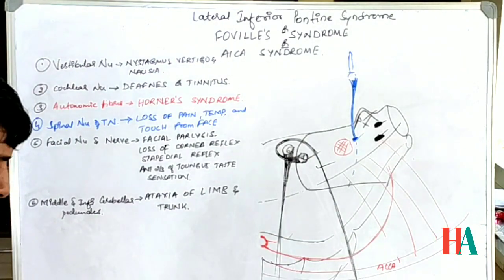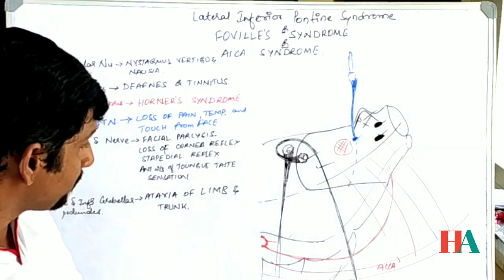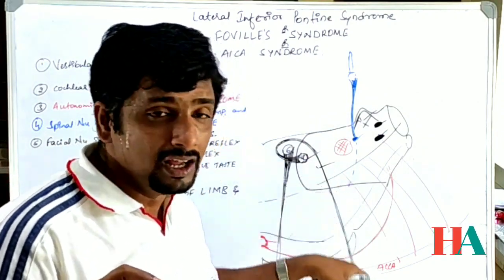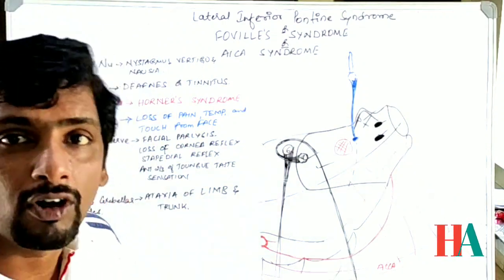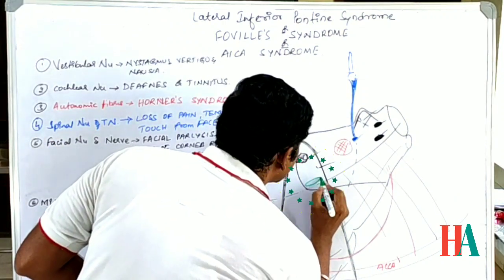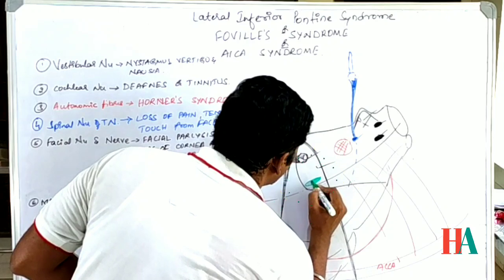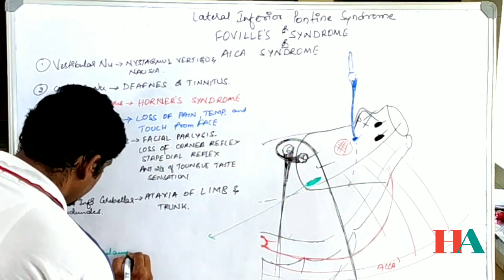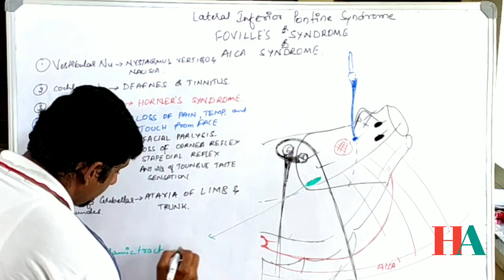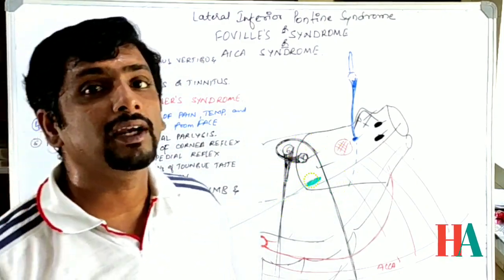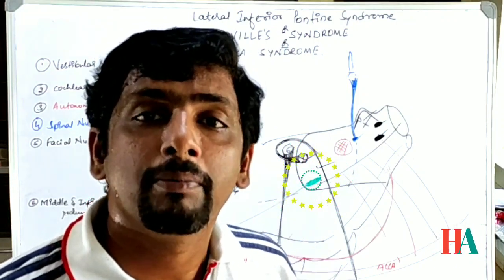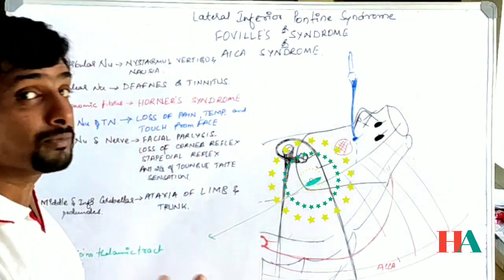Okay, so what is the contralateral situation here? Can you guess which involvement, which I did not tell, leads to contralateral involvement? Remember this one, your friend. Here the lateral spinothalamic tract is involved, which leads to the contralateral loss of pain and temperature from the limbs.